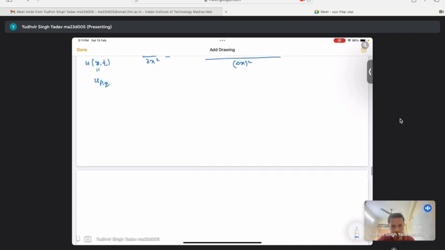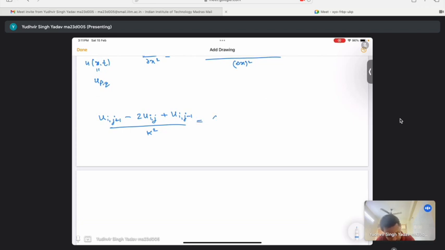So using the central difference formula, the given wave equation will result into (u_{i,j+1} - 2u_{i,j} + u_{i,j-1}) divided by k square.